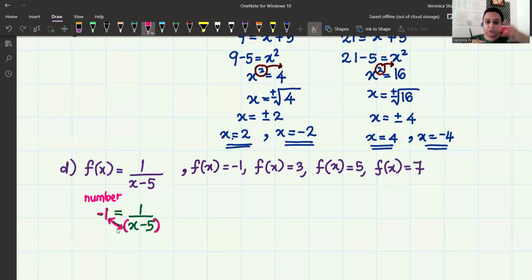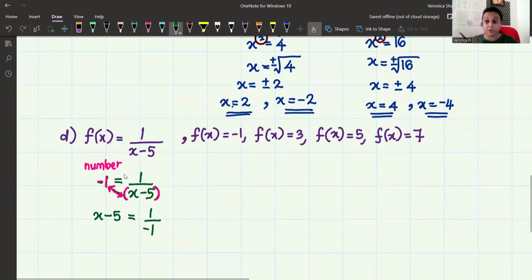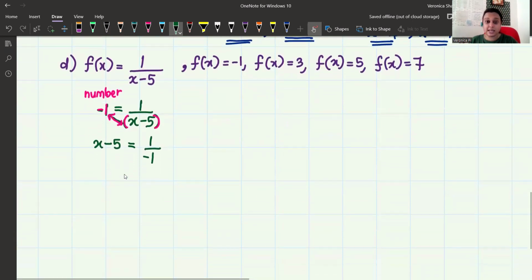Faham tak? Boleh tukar tempat. So, here actually will become like this. X minus 5 goes up, negative 1 dia turun ke bawah. Like, you tukar the tempat. Boleh. Alright? So, please make sure after this, you start recognizing this.